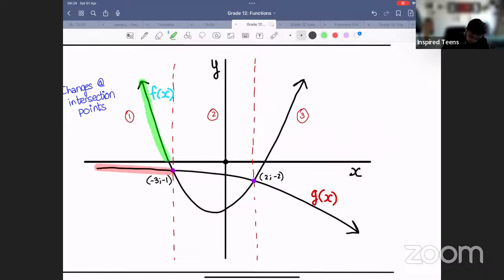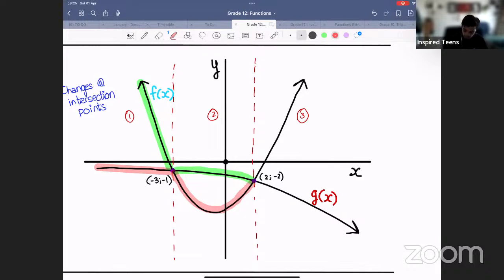This one is above. G of x, right? So correct. In the second interval, we can clearly see that g of x is above, and then this guy is now below.